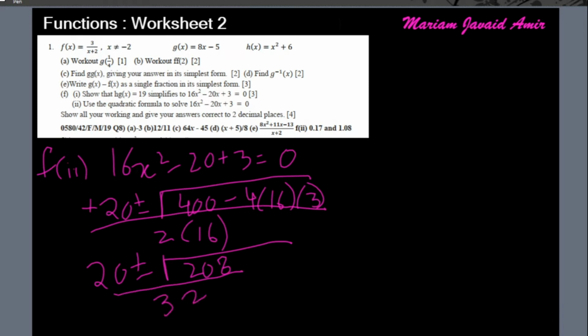So 20 plus the square root of 208 divided by 32 gives us 1.0756.